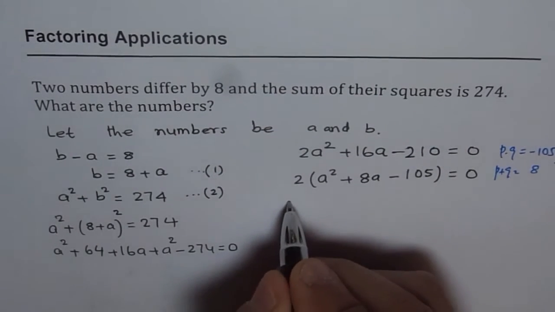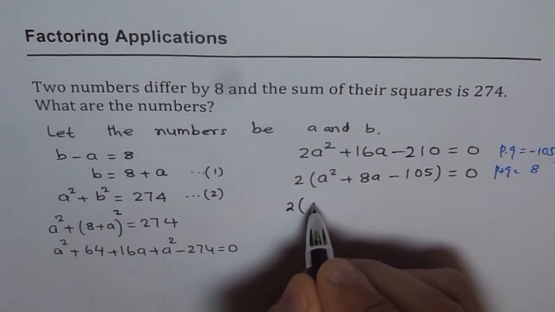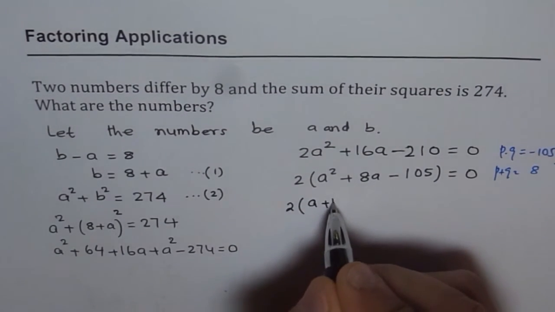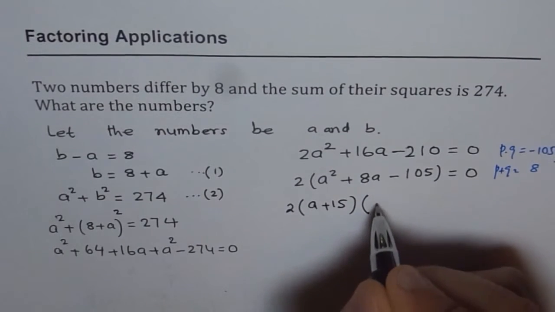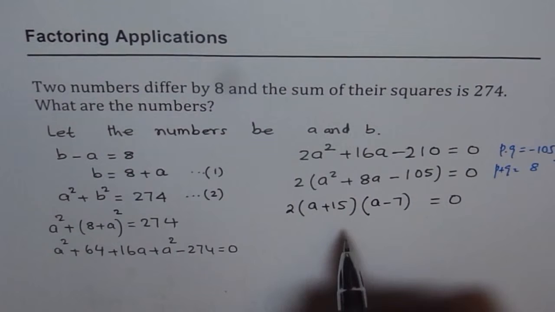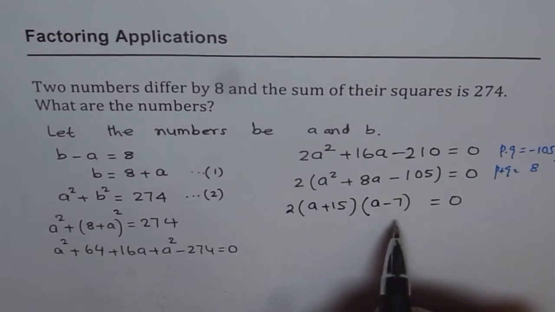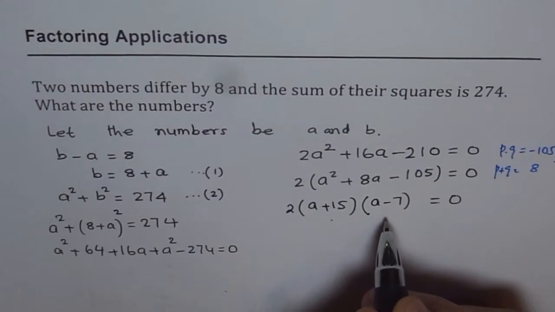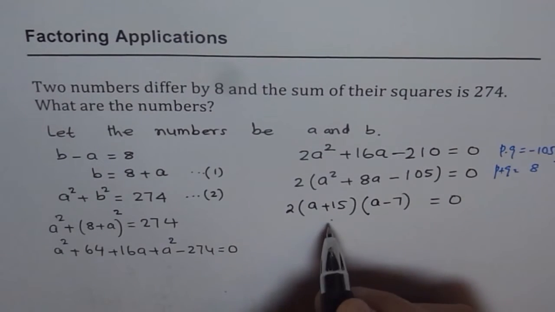So you can factor this as, since 15 is positive and 7 is negative, A plus 15 times A minus 7 equals 0. Now this product is 0 if A plus 15 is 0 or A minus 7 is 0. So we solve for those.